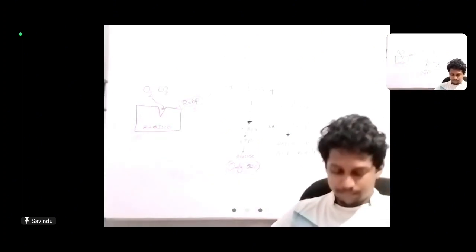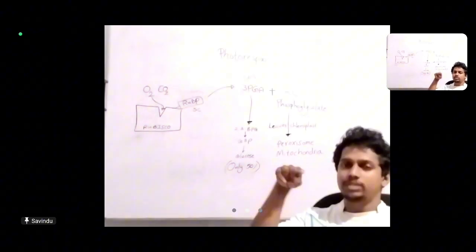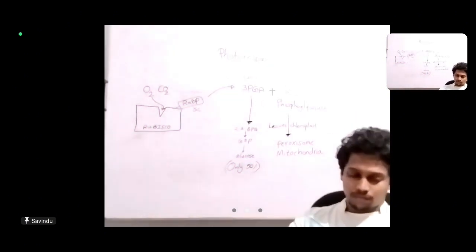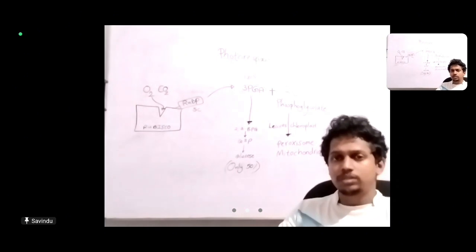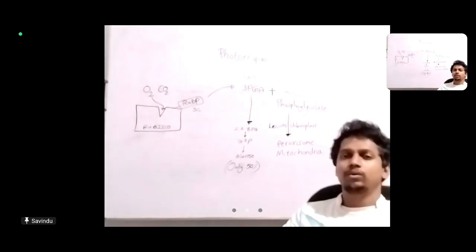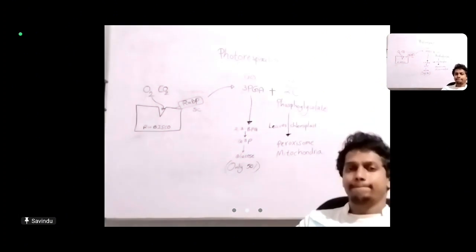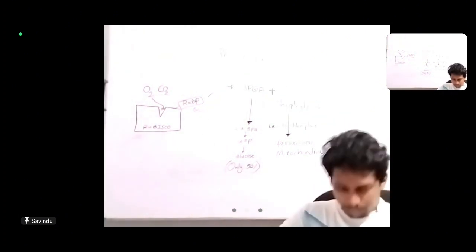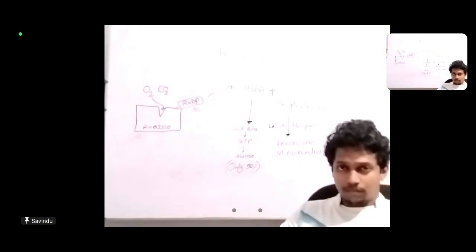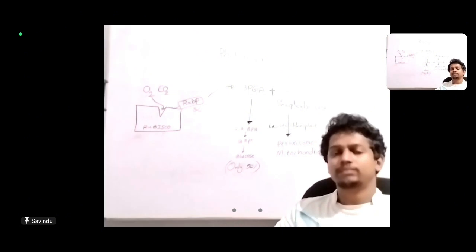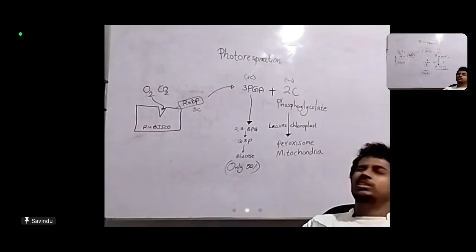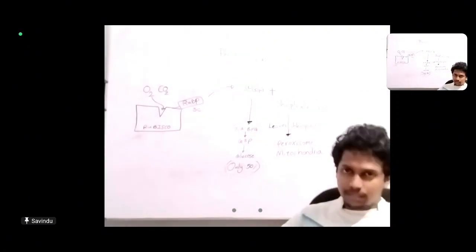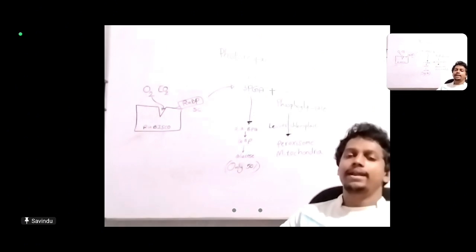Next point. The 2C molecule leaves the chloroplast and enters the peroxisome and mitochondria.